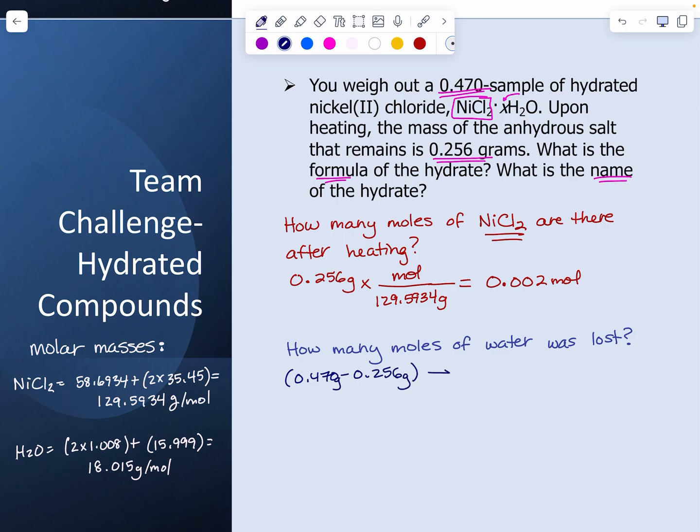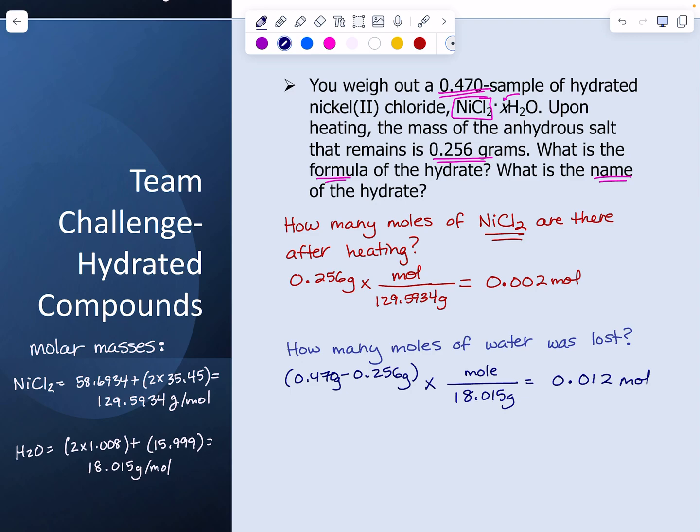So that's how much mass there was. And then we have to figure out how many moles that is, so 18.015 grams per mole. And that comes out to be 0.012 moles, okay?